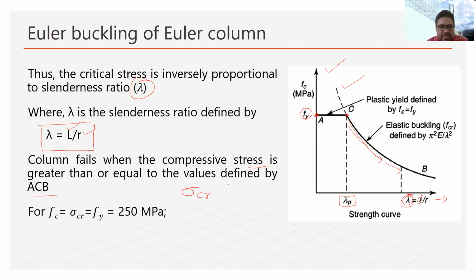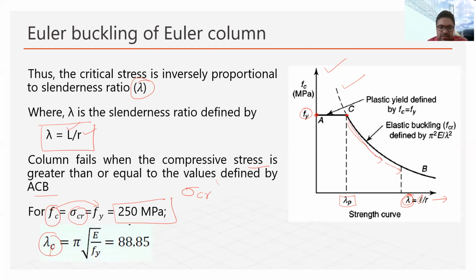Here it says if Fc is the compressive strength of the member, and the compressive strength is equivalent to Fy, and Fy is equivalent to sigma CR, which equals 250 MPa, then we can easily find out the critical lambda.